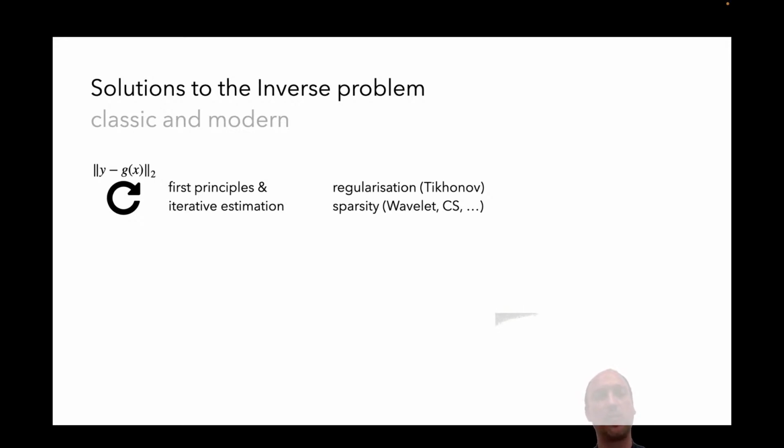You had to understand things like regularization. You had to devise iterative algorithms. You had to understand sparsity and how you can use that, using wavelets and other techniques, to denoise the images. So the mathematical sophistication of these algorithms was pretty high.